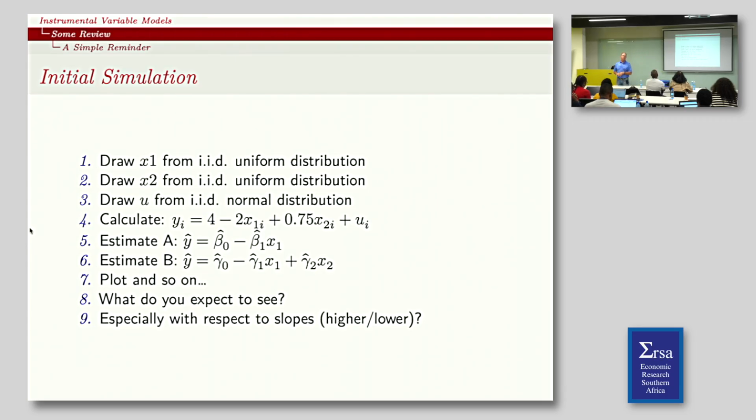What about beta 1, where we ignore x2? Should it be 2 or should it be something else? Less than 2? I think it's closer to 0. Okay, why do you say closer to 0? What happens if x2 goes into x1? Okay, why do you say it should be close to 2?